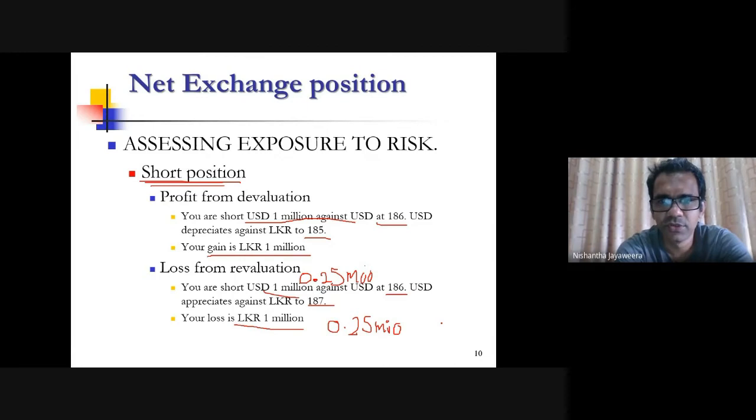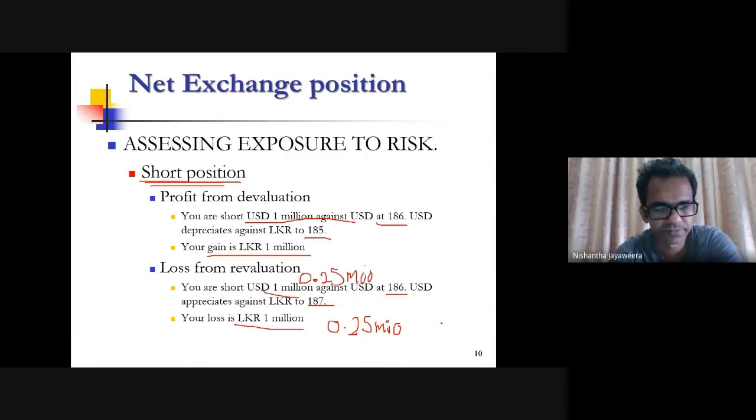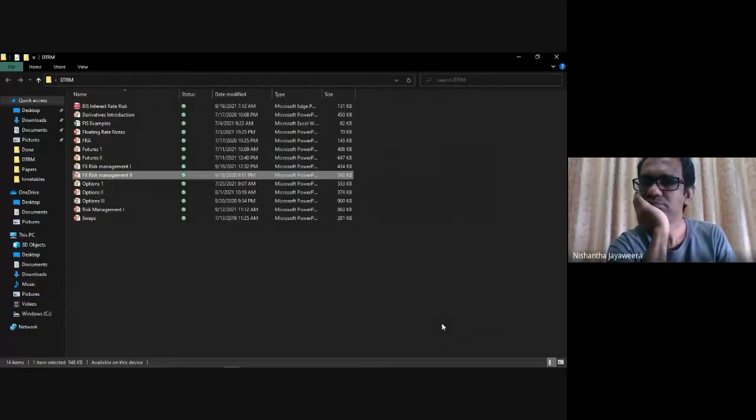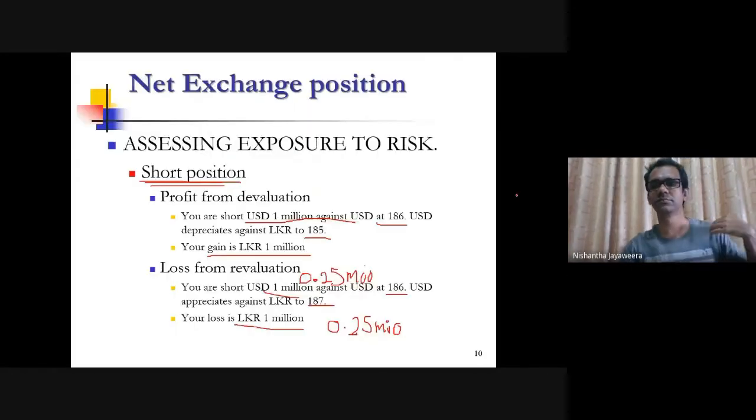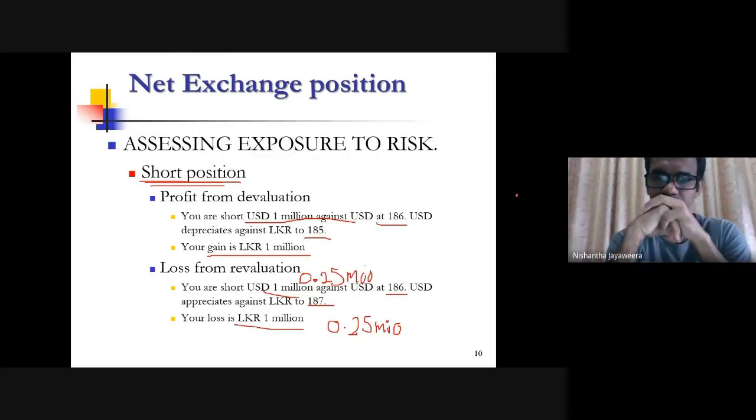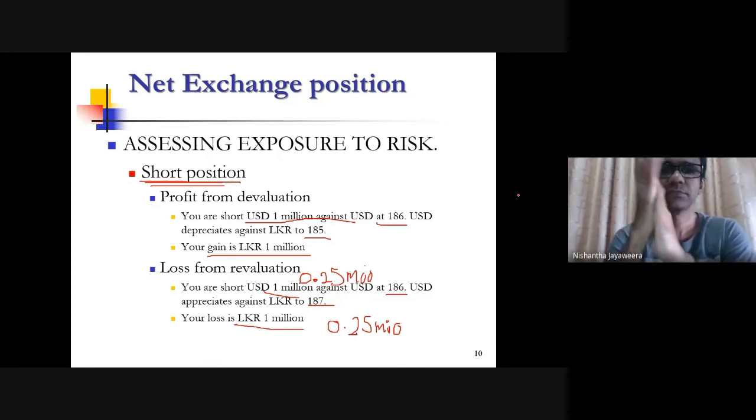Remember, you get the profit or loss in terms of the local currency, not in terms of foreign currency. Any questions?